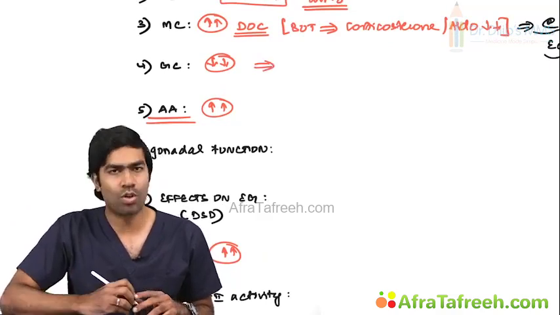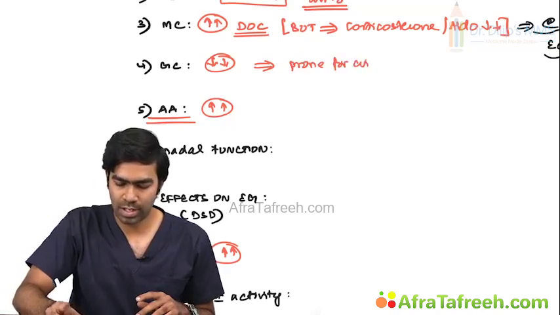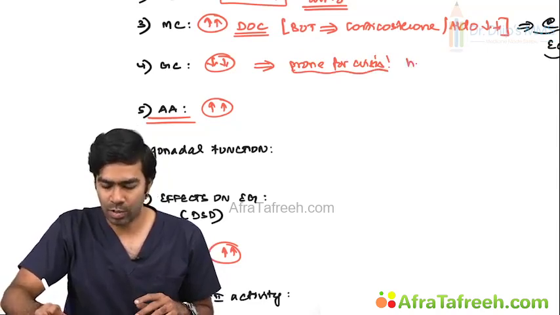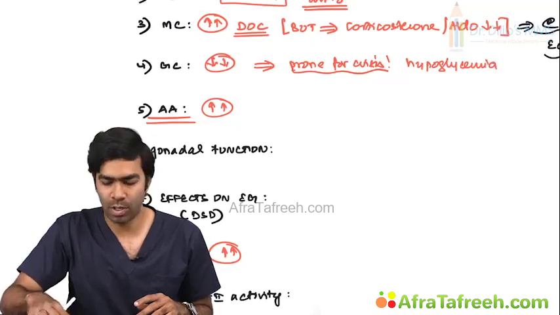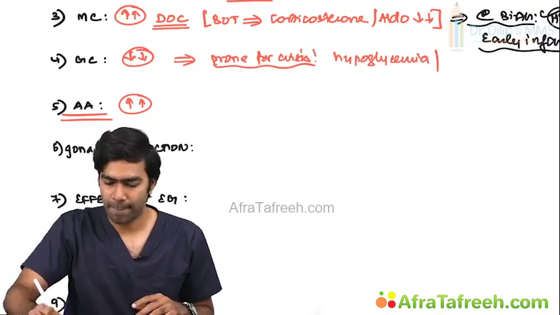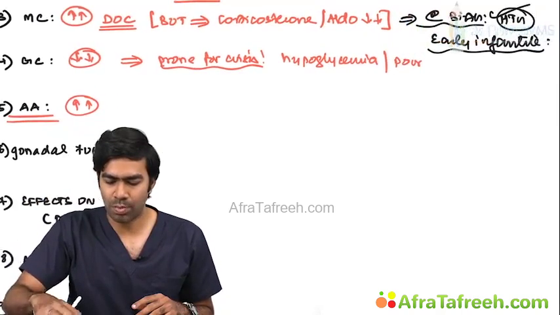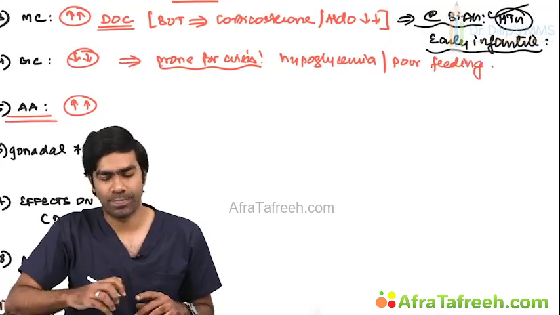Because of low glucocorticoids, they are prone for crisis. They can go for adrenal crisis, especially in times of infection and stress. And they can go for recurrent and refractory neonatal hypoglycemia, and they are also prone for developing problems like poor feeding and lethargy in the child. Clear?